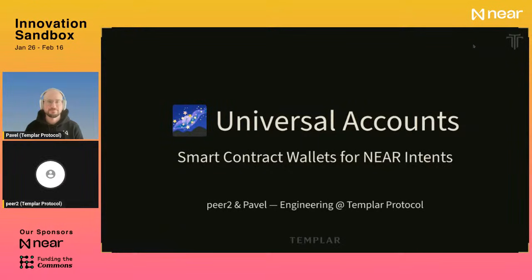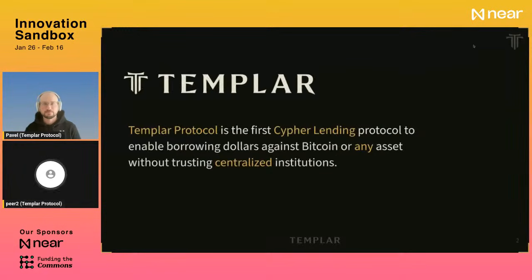Again, as Elliot mentioned, I'm Pier 2, and I'm joined here with one of our engineers, Pavel, and we're really excited to talk about universal accounts, which is one of our technologies that we've been working on for some time, and we're excited to share it with you today. So before we dive in, just a little bit about us.